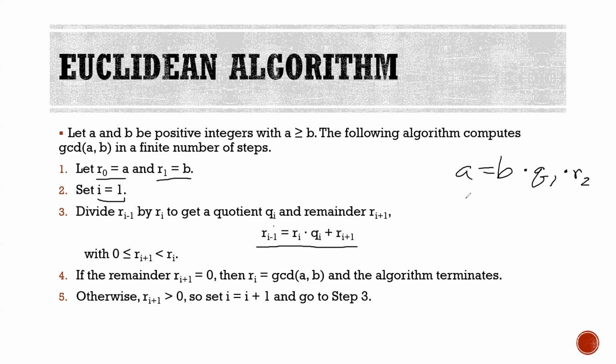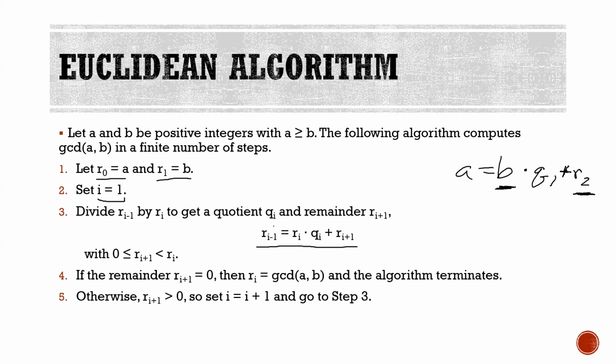Now, what we then do from there is, where this remainder obviously has to be in the normal bounds and so forth, if this remainder right here, sorry, that should be a plus. It's an error, a typo. If that's a plus, and the remainder is 0, then the truth is that the previous thing, in this case B, is the greatest common divisor because obviously it goes into both of them. We're good.